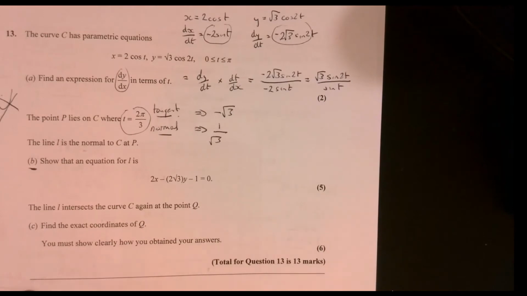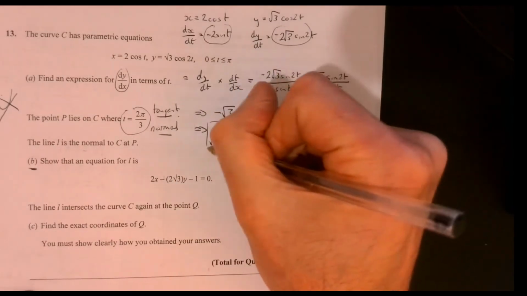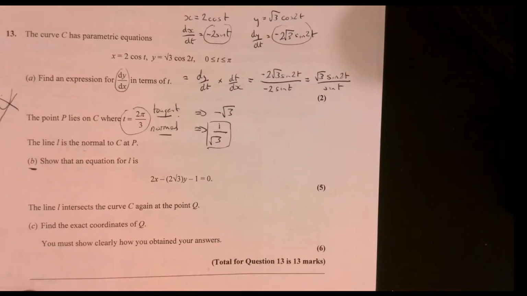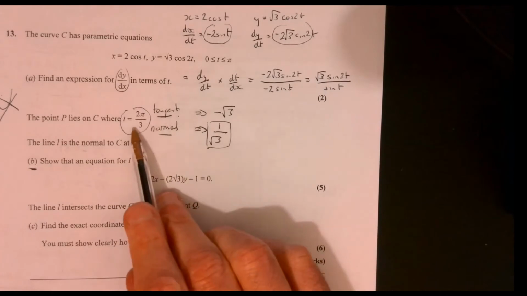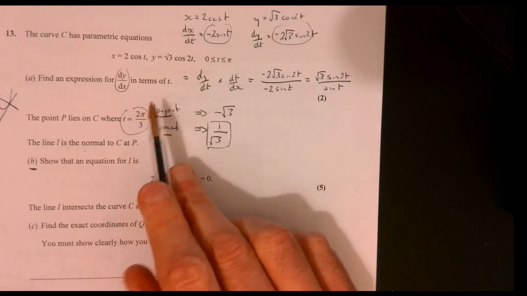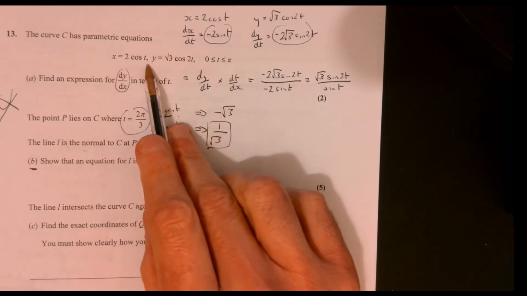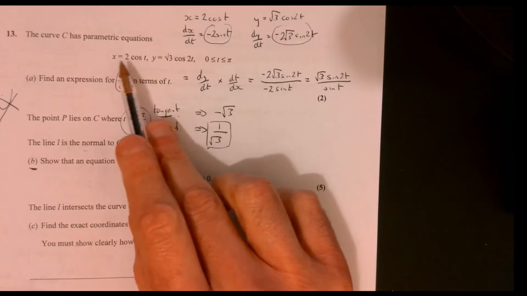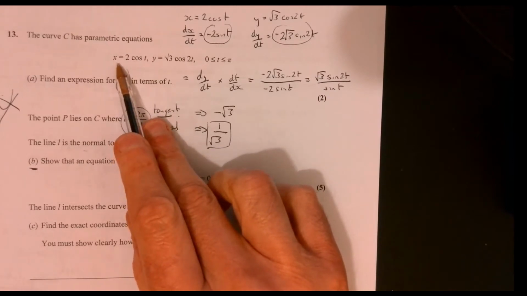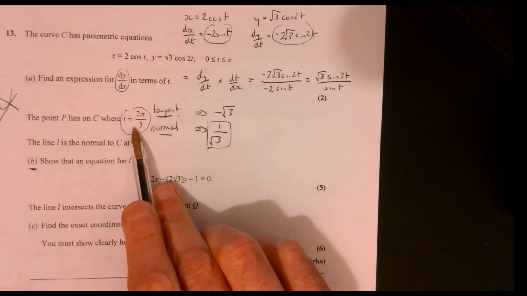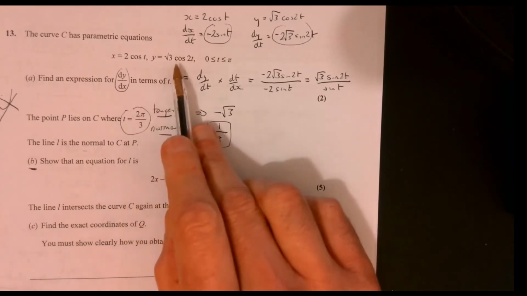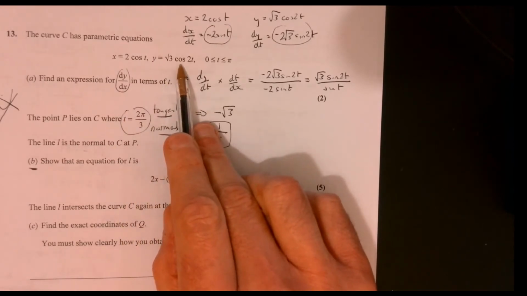Right, now where have we got to go from that? So we've got the gradient. Now we need to know a point on the line. Well, I've got the t, so if I now substitute that back into here to get my x value, and substitute into here to get my y value.